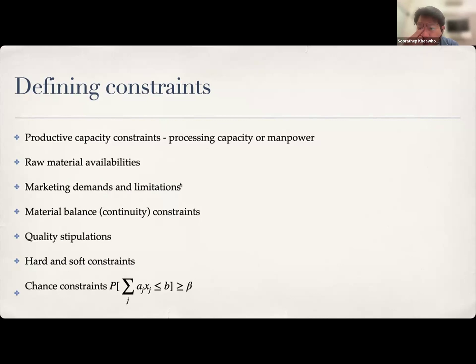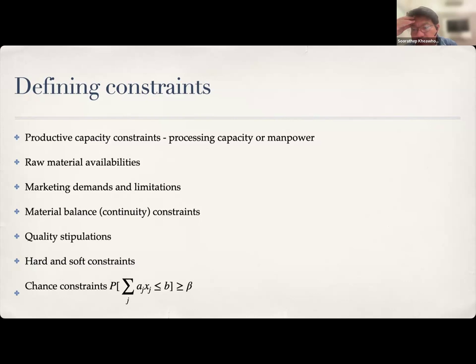It depends on your contract, whether you have a contract with your customer or not. If you have a contract with your customer, they order you, right? And you have to deliver your product to them at a certain amount, at a certain time. That is an equality constraint for sure, right? If you have that contract.